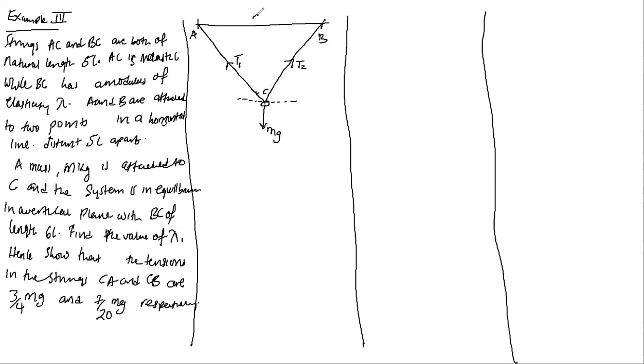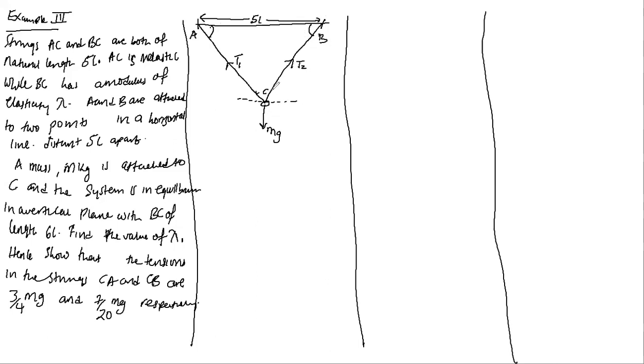The distance of separation here was 5L between the horizontal points where they were connected. Originally they were of the same length, but you cannot just assume the angles here are the same. The angles are going to be different. Do you know why? It's because one of them is extending and the other is not.